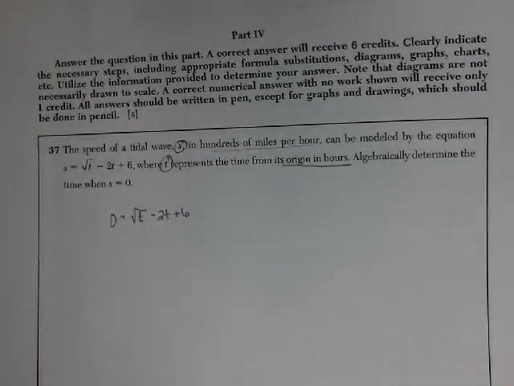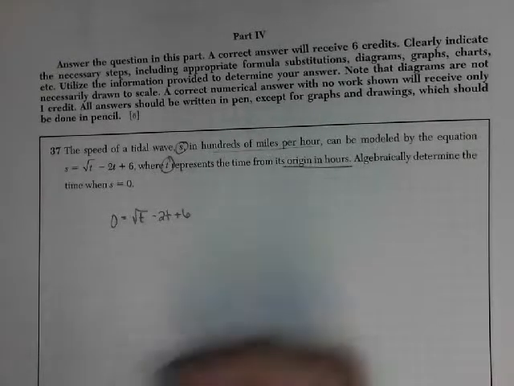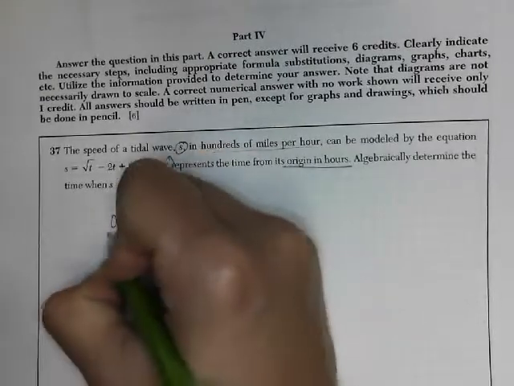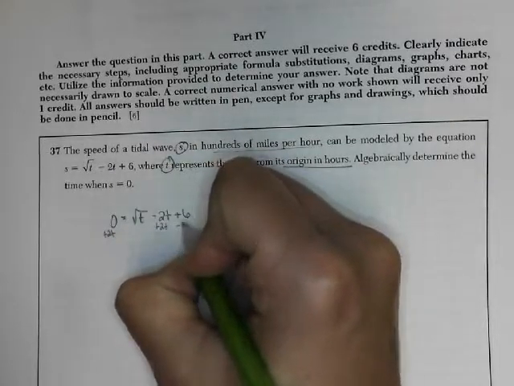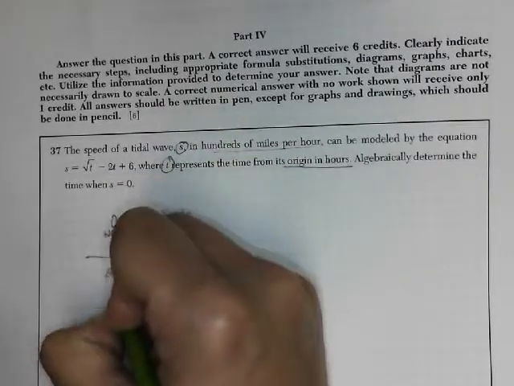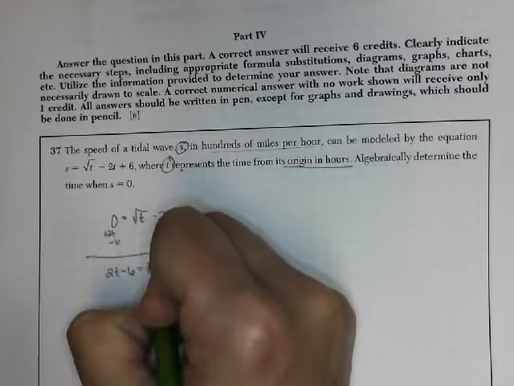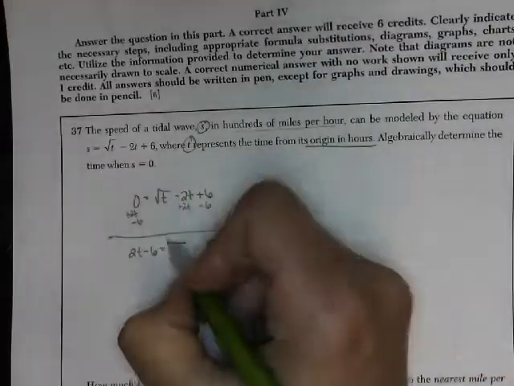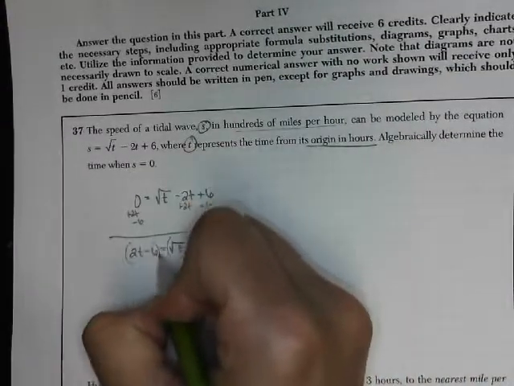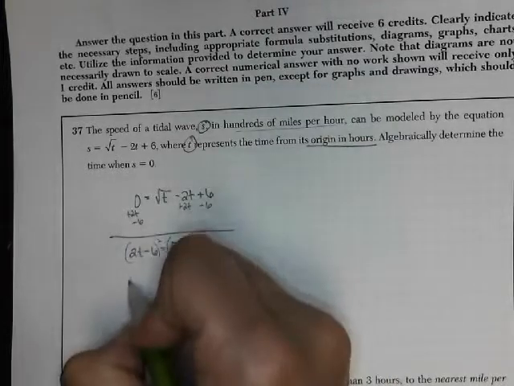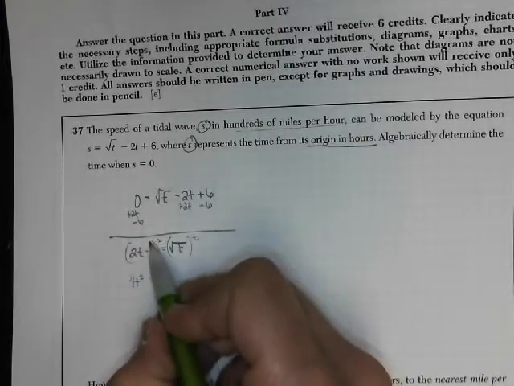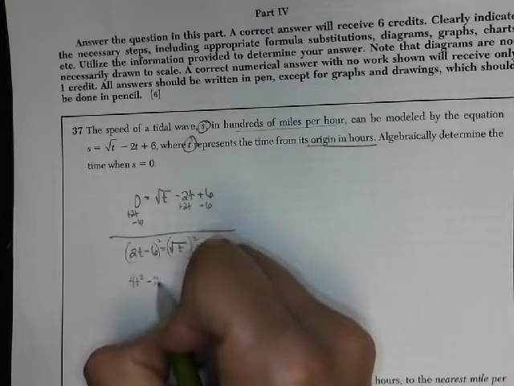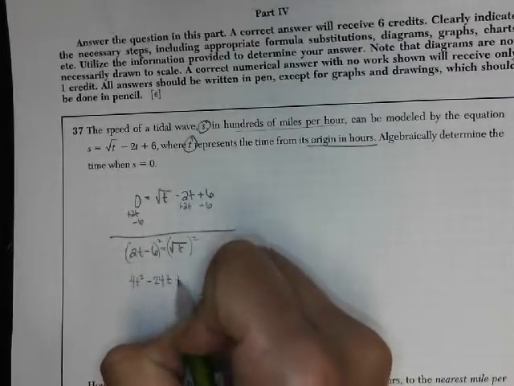It is a radical equation, because your variable's under the radical. You need to get the radical all by itself. So I'm going to add the 2t over. I'm also going to subtract the 6 over. So I have 2t minus 6 equals root t, and now I square both sides. So this side's going to become 4t squared, minus 12t minus another 12t will be minus 24t, and then plus 36.